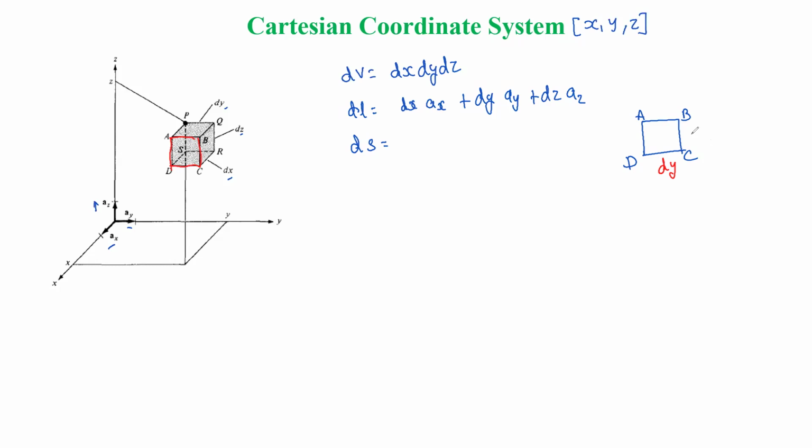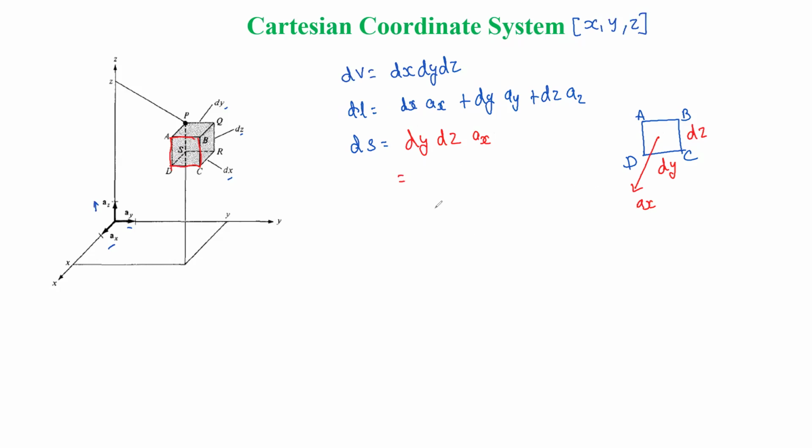And what is the length of BC? BC is dz. So the area of this is dy into dz, whereas the area vector, which will be perpendicular to that plane ABCD, that surface, will be pointing outwards. So that will be AX. So finally here ds we can write as dy dz, and the unit vector is AX.